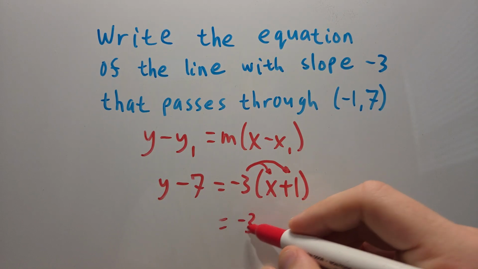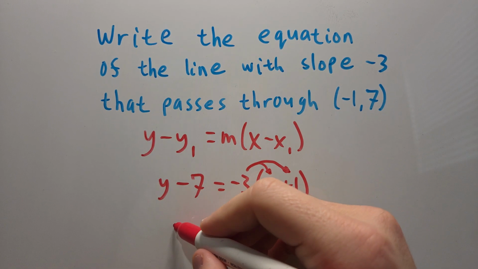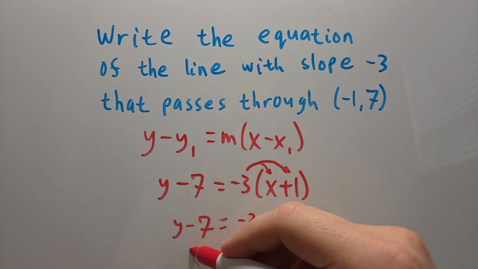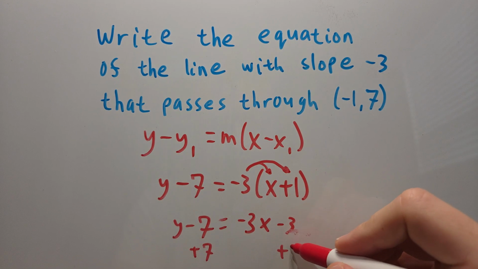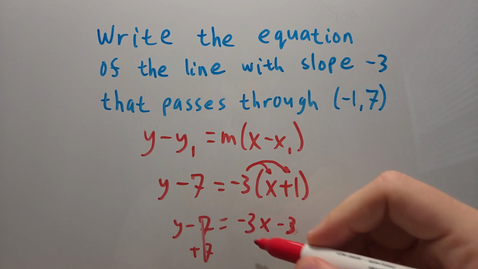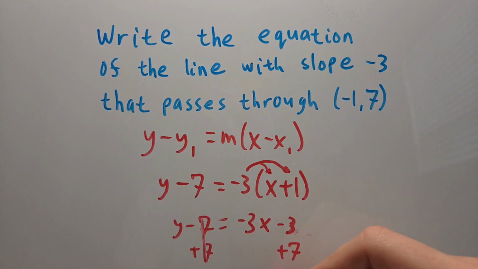That gives us, in this case, -3x minus 3, and then writing y minus 7 over here. Last thing we do is add 7 over. Canceling that out. And that gives us y equals -3x plus 4.